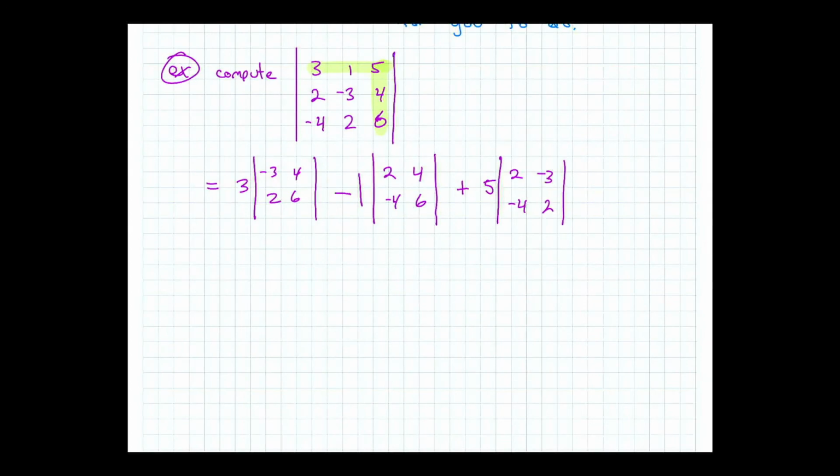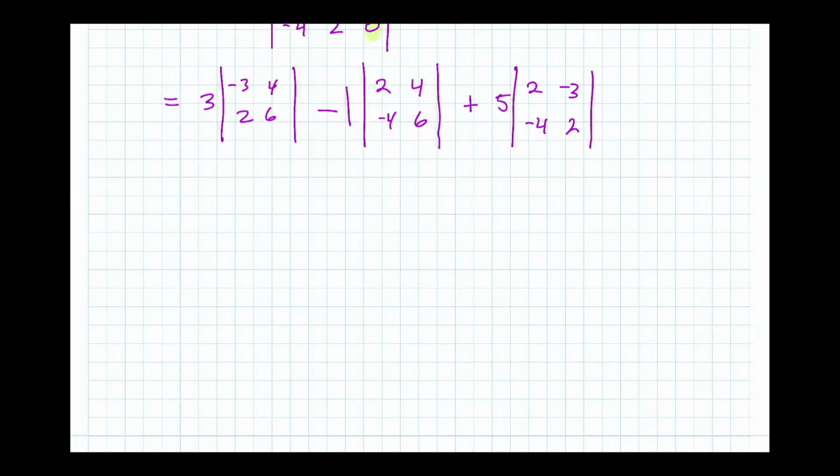And then each of these is a 2 by 2 determinant, so you have to calculate that carefully. So it's 3 parentheses, and then it's these 2 minus these 2. We talked about that. So -3 times 6 is -18, minus 4 times 2, that's -8. And then minus parentheses, 2 times 6 is 12, minus 4 times -4, that's -16.